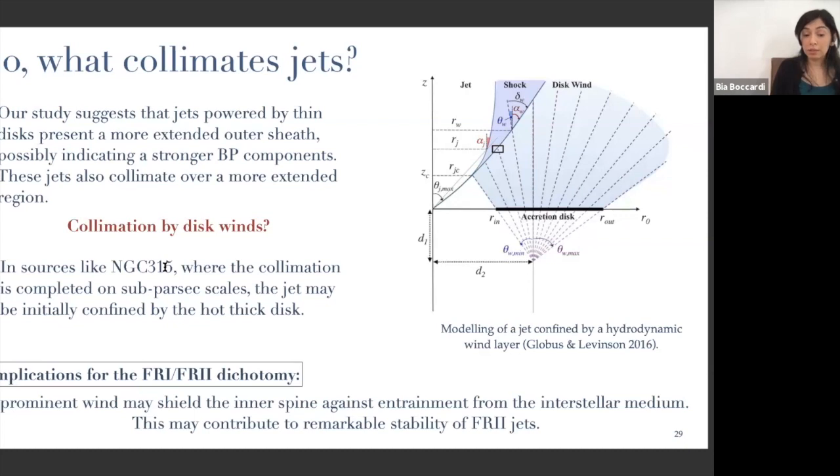So if this is true, then the presence of the jet sheet may contribute to the development of the FR1 FR2 dichotomy, because the jet manages to keep its stability without being disrupted within the galaxy.